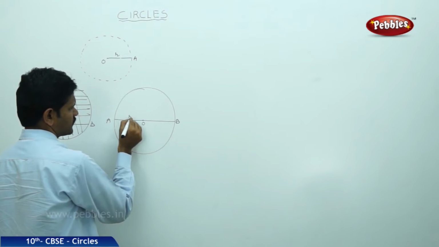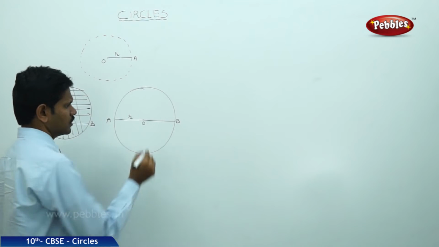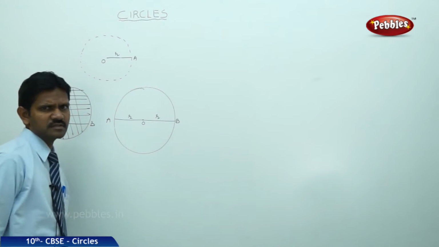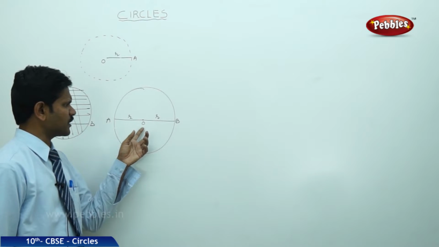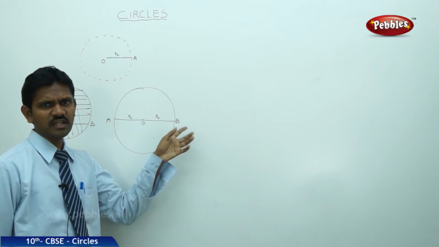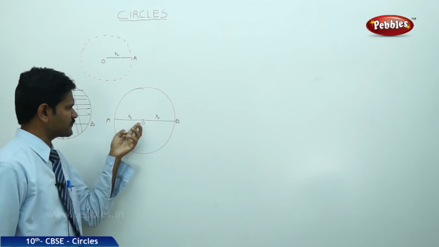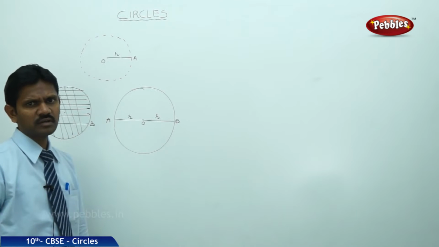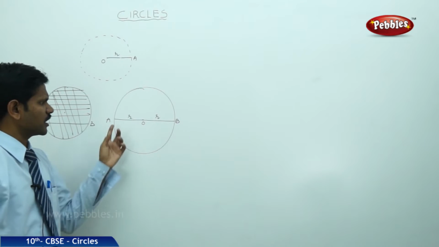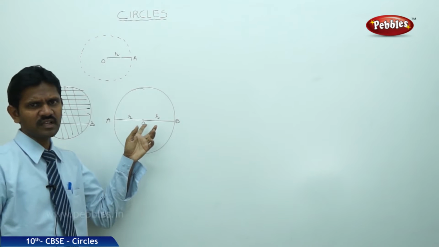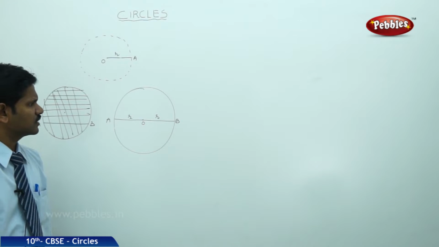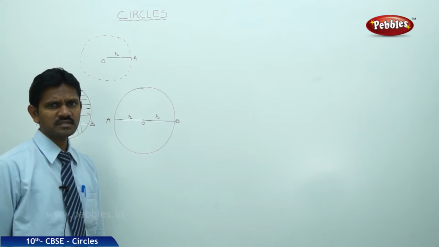OA is represented with radius, or OB is also represented with radius, represented with small r. The distance from the center to a point on the circle is called radius. A chord which passes through the center of the circle is called a diameter. The largest chord is the diameter.